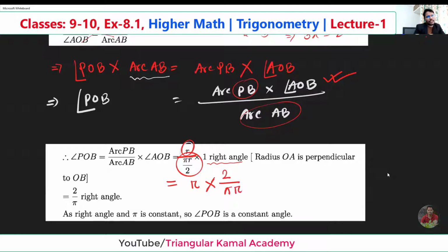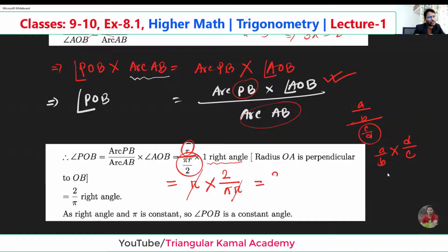This is pi r, like a by b divided by c by d. If we write here a by b, then divide is converted into multiply, and this one will be d by c. The denominator fractions will be changed, and numerator will be denominator, denominator will be numerator. So in the same way, pi r here, the numerator is now the denominator, and 2, the denominator here, changes to the numerator, pi divided by pi.